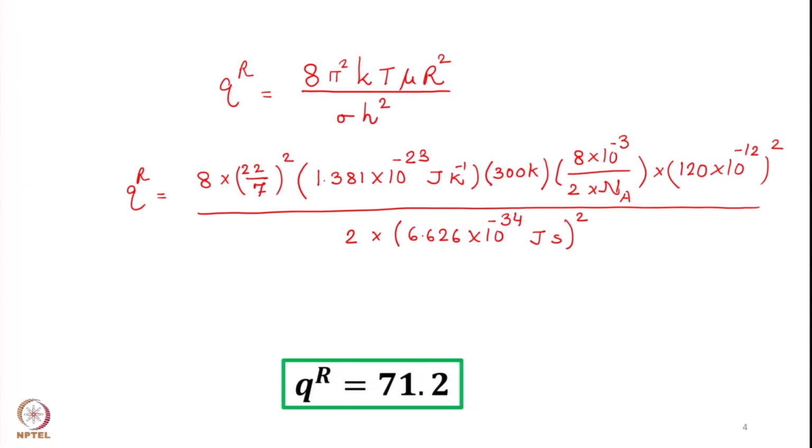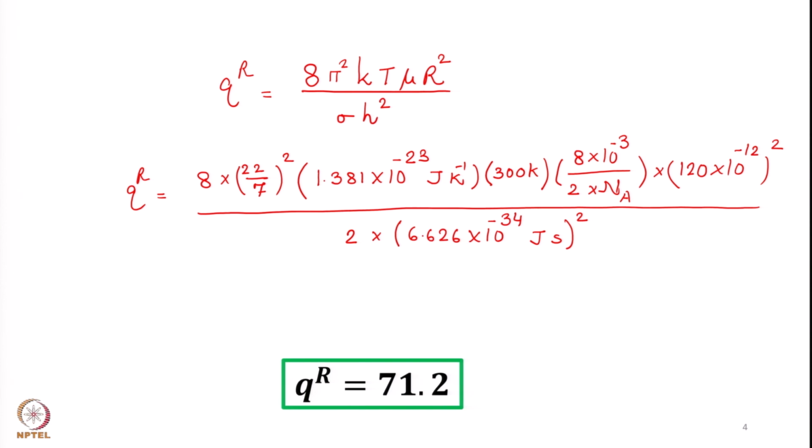So carefully you check. QR is 8 into pi, pi is 22 by 7, whole square, into 1.381 into 10 raised to the power minus 23 joules per Kelvin, 300 is the temperature, and mu r square, which is 120 into 10 raised to the power minus 12, whole square, sigma is 2, and the Planck's constant is 6.626 into 10 raised to the power minus 34.